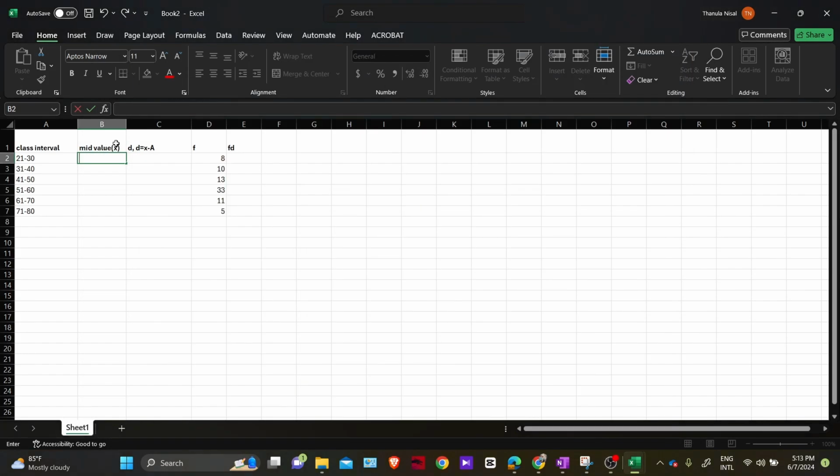Let's tabulate the values. Here we need to find out the mid values of each class interval. Now from 21 to 30, how can we get the mid value? Just add those two values and divide it by 2. So I'm going to find that answer using Excel. 21 plus 30 over 2.